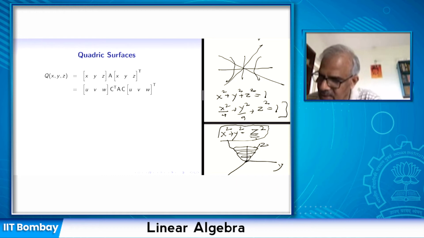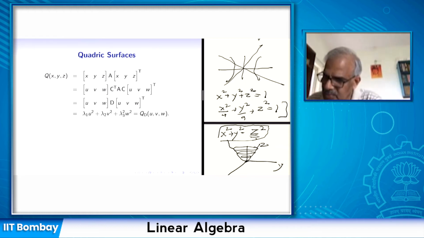The quadratic part was x, y, z times A times the x, y, z column, but no, it should have been x, y, z. Now it is fine.